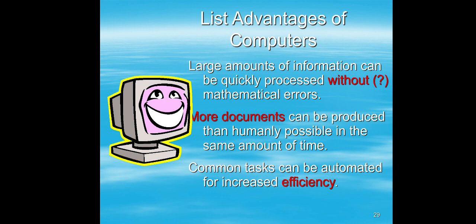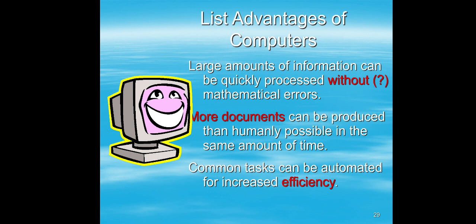If you use the manual way of recording all the accounting records, it takes time. But if you use software, you can do it quicker than manual recording. And then more documents can be produced than humanly possible in the same amount of time.